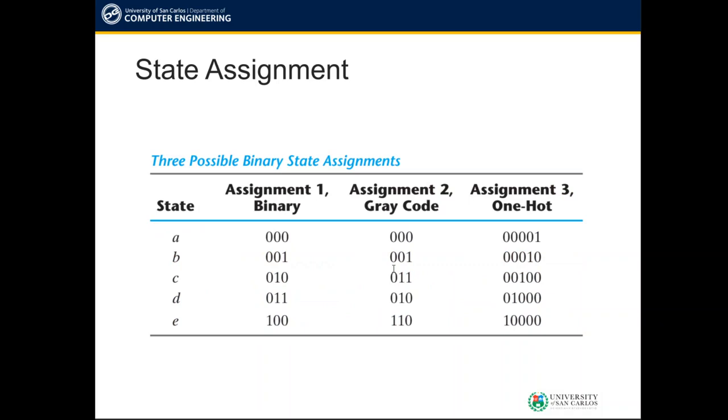For example, in the earlier example we have 5 states, A, B, C, D, and E. So we can have 3 possible state scenarios, using binary, gray code, or one hot, or one cold if it is unique zeros.